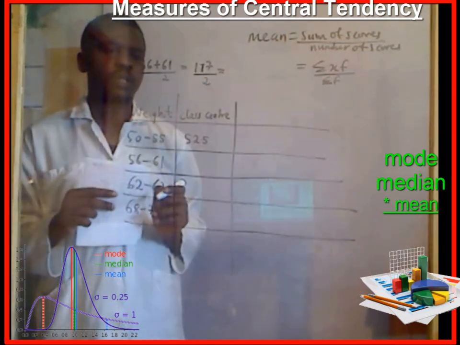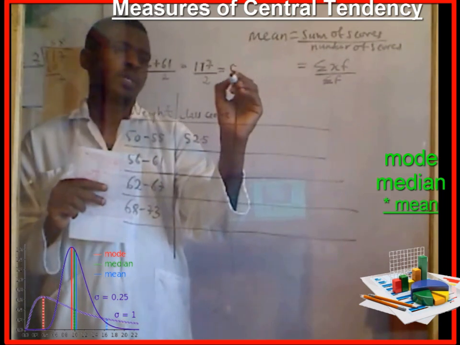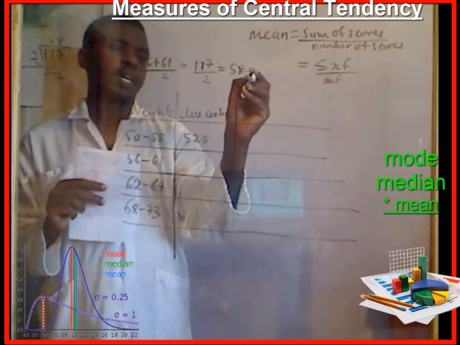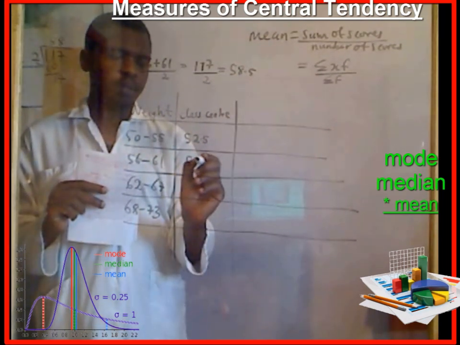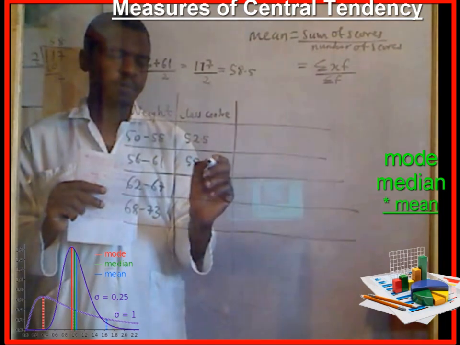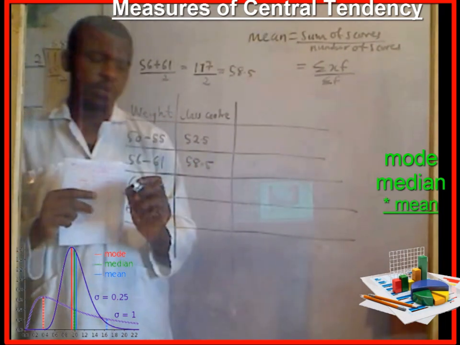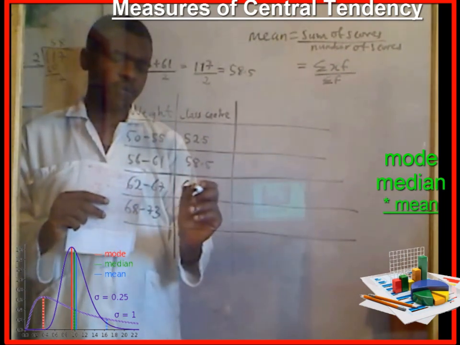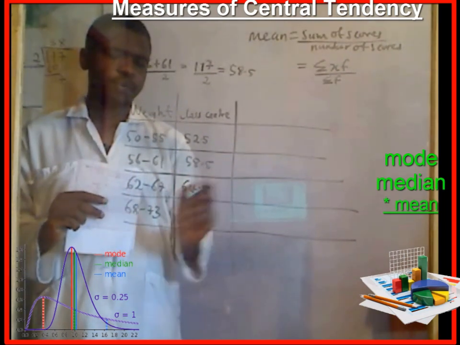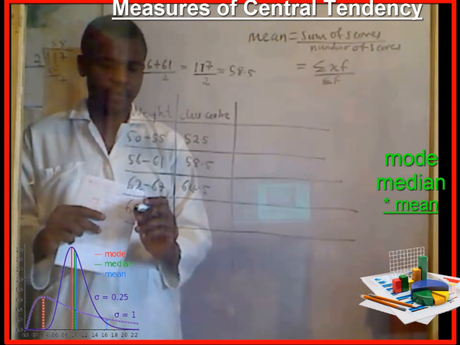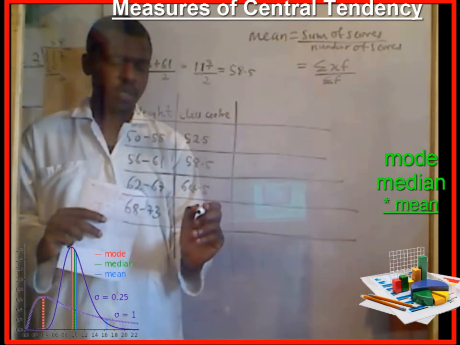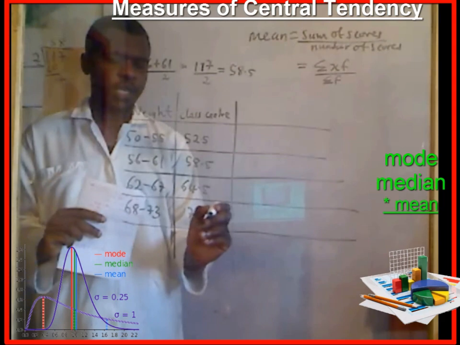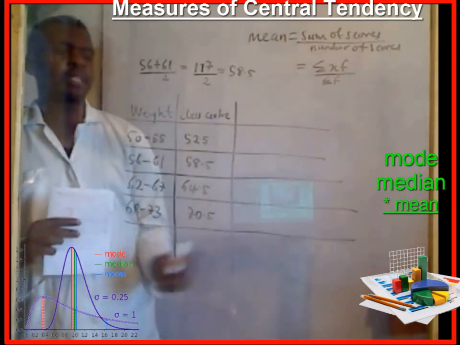What will that give us? So this will be 58.5. Alright, 58.5 there. So what will this be? This will be 64.5. This will be 70.5. So these are the class centers.